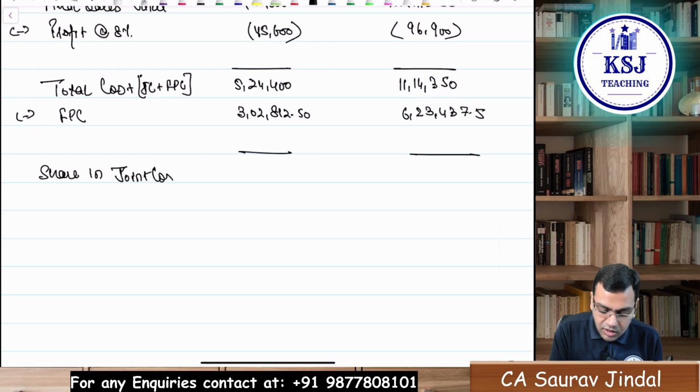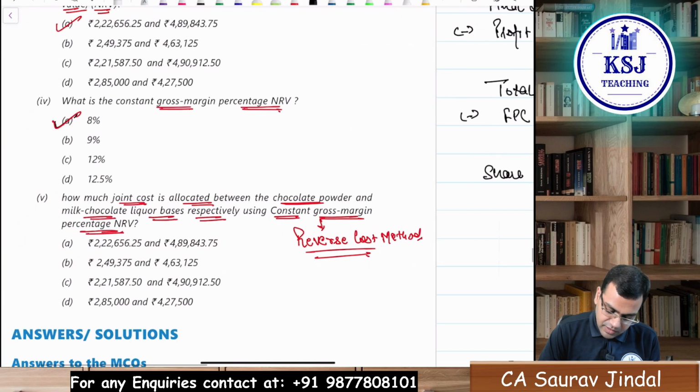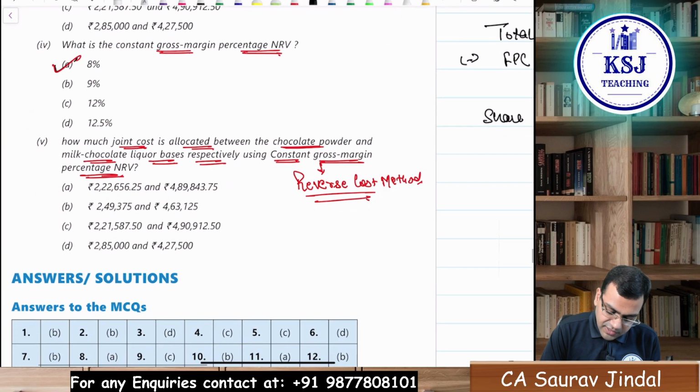From total cost, if you subtract your further processing cost, what is left is the share in the joint cost directly, that is 2,21,587.5 and 4,90,912.5. That is option C.